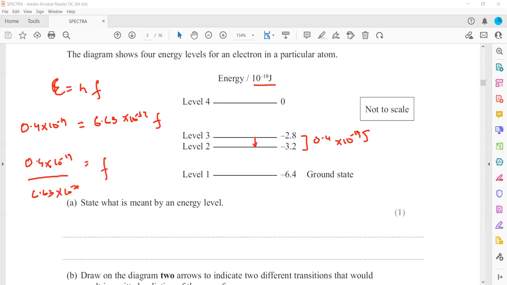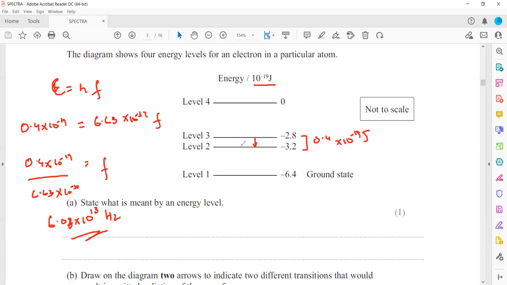When we divide the two values, we'll get the frequency, which comes out about 6.03 × 10^13 hertz. This is the frequency of a photon, or a wave, emitted when electron transits from the smallest possible difference, from level 3 to level 2.